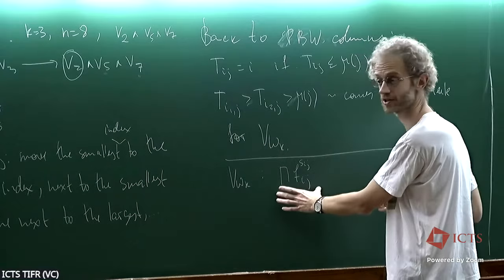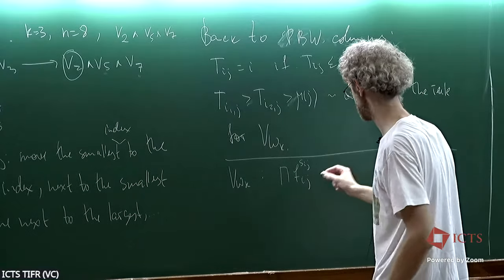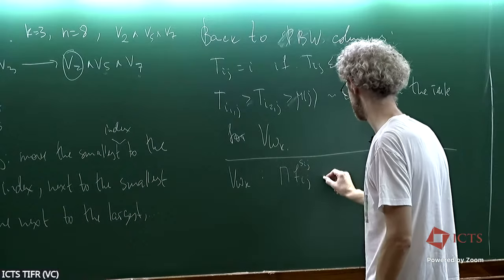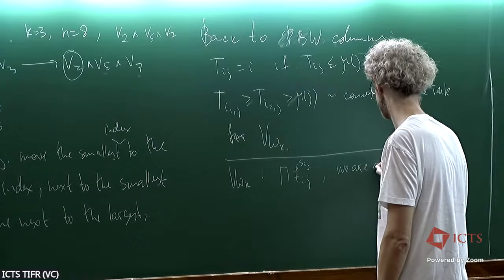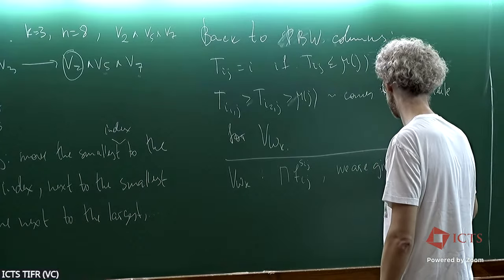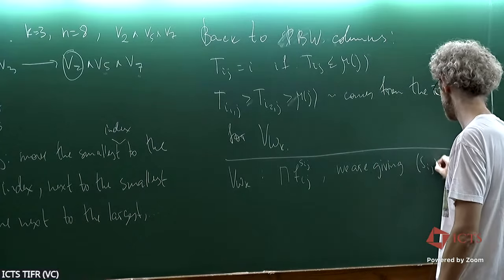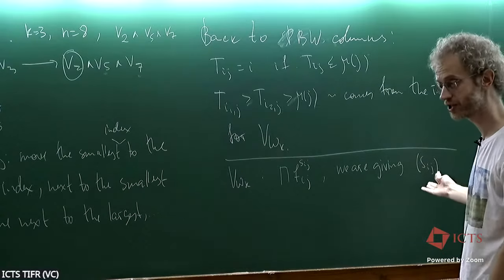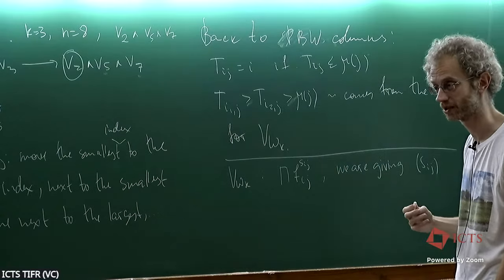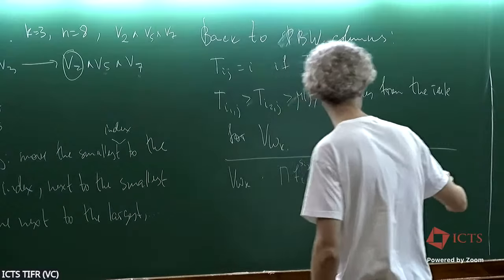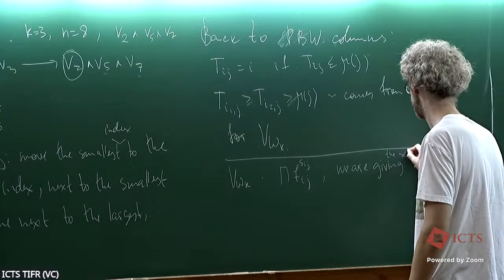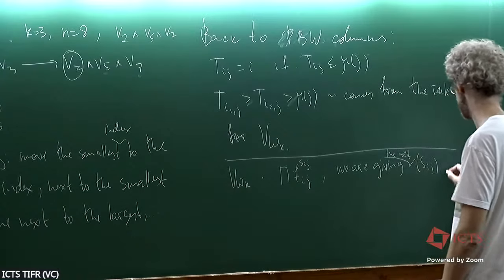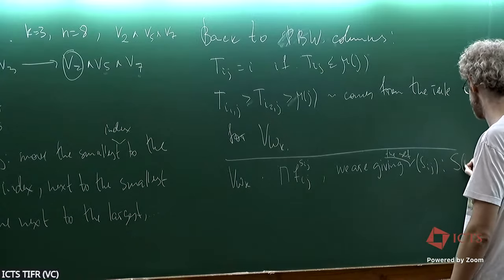But anyway, this is a monomial. And we are saying that we are giving these collections Sij. So there are as many collections as there are elements in V omega k. So now let me denote these collections so that we are giving the set S omega k.